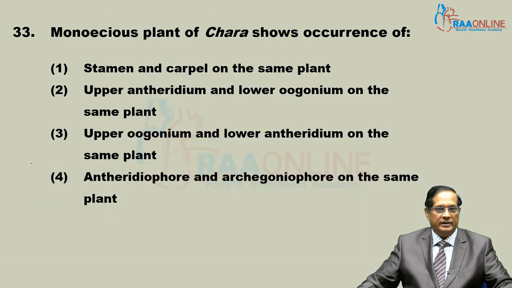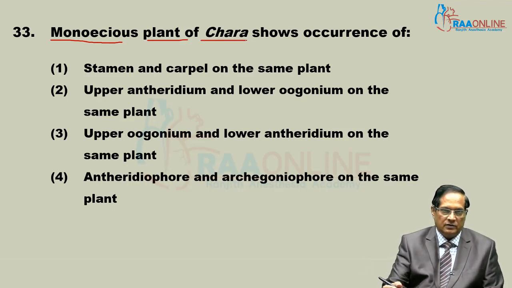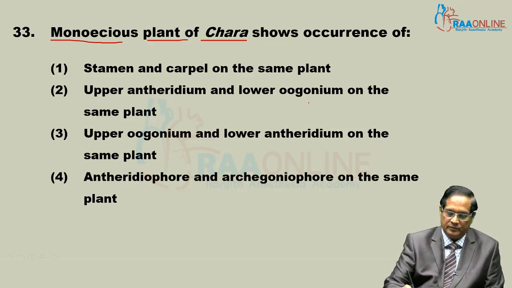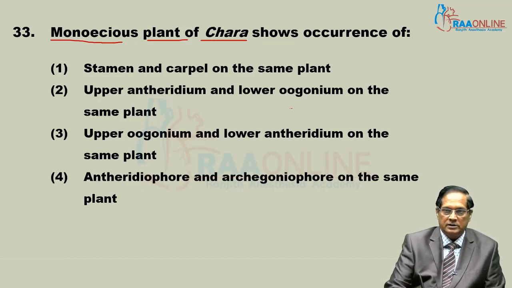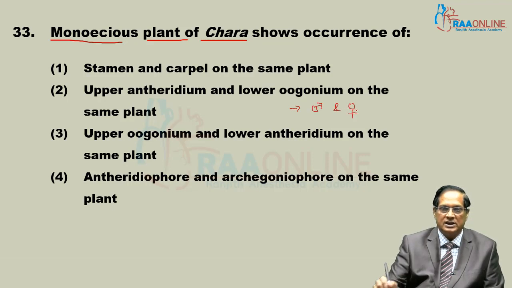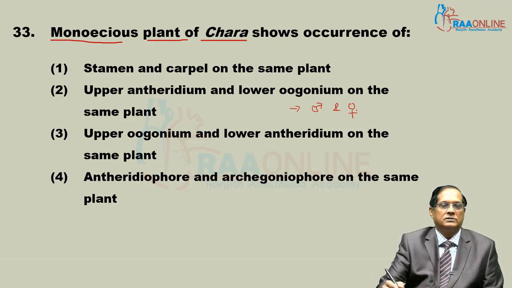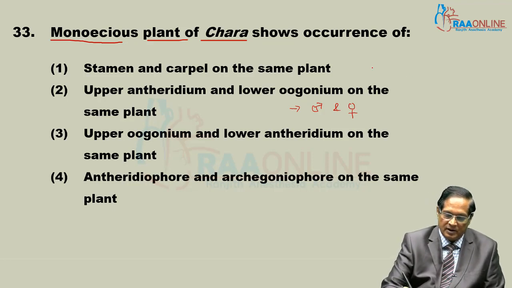Question number 33. Monoecious plant of Chara. First of all, we know the monoecious meaning: a plant which has male and female reproductive structures on the same plant is known as monoecious.